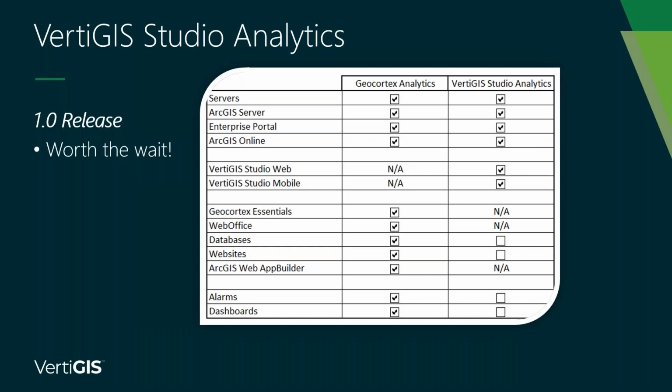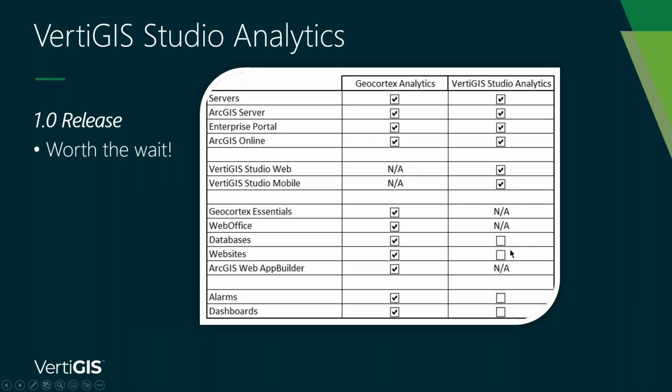Unlike GeoCortex Analytics, VertiGIS Studio Analytics has out-of-the-box support today for VertiGIS Studio Web and VertiGIS Studio Mobile. I think I pointed out in a previous Road Ahead webinar that the mobile use case actually includes disconnected information gathering, which we're really excited about. It does not support GeoCortex Essentials or WebOffice, where GeoCortex Analytics did.